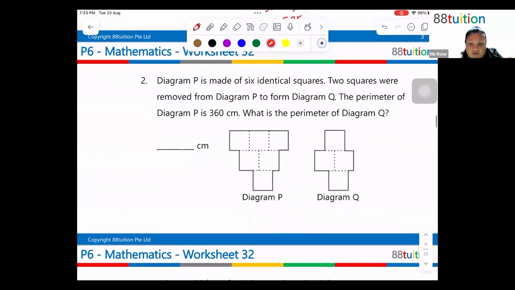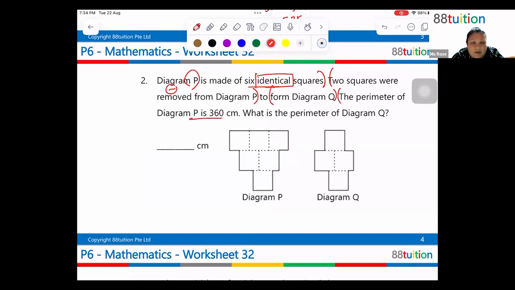Okay, question 2. So if you look at the diagram, P is made up of 6 identical. So take note, the important keyword here is identical squares. Now, however, 2 squares were removed from P to form Q. And the perimeter of P is 360.